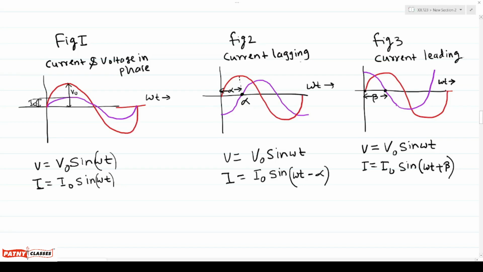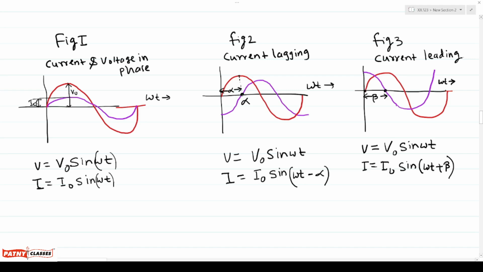In figure 2, current is lagging by an angle of alpha. You see here I have shown alpha. The difference between both the graphs is alpha. So the current graph starts as soon as the voltage attains its maximum. That instant the current is starting.